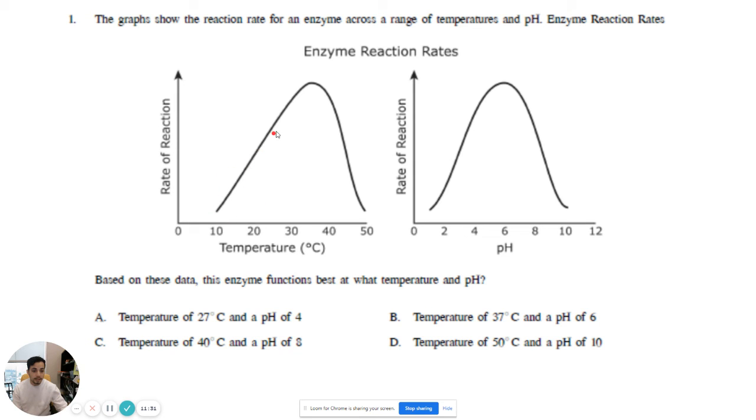It looks like temperature-wise, we look at the optimal temperature, go down, maybe like 35, maybe close to 40. That's what we'll look at without even looking at the answers. For pH, let's look again. Optimal point kind of looks like 6. So the only answer it could be is B. Okay, 37 kind of.